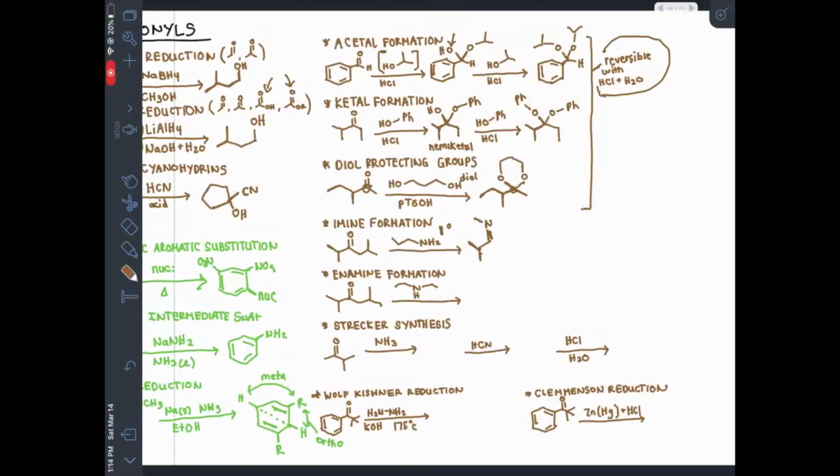Like so. And then finish off that molecule. Okay. So this is imine formation.